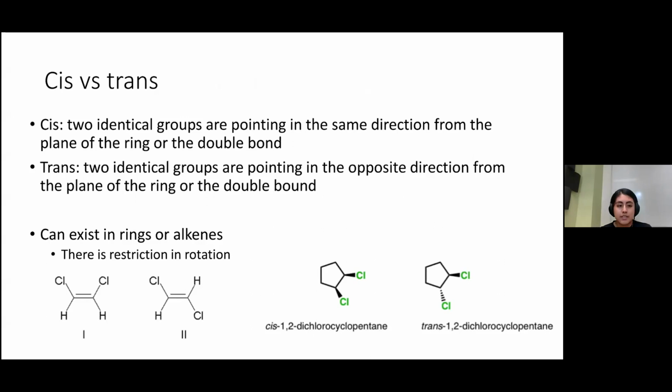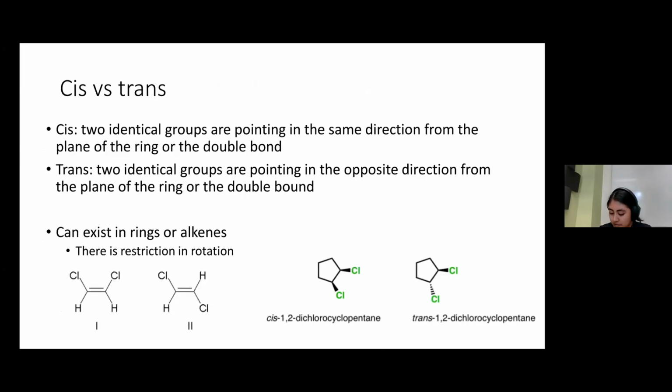So cis and trans is a more formal definition. Cis is when two identical groups, with emphasis on identical, are pointing in the same direction from the plane of the ring or the double bond. Trans is two identical groups pointing in the opposite direction from the plane of the ring or the double bond.